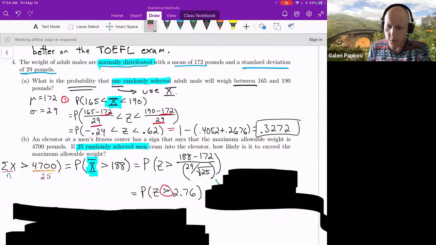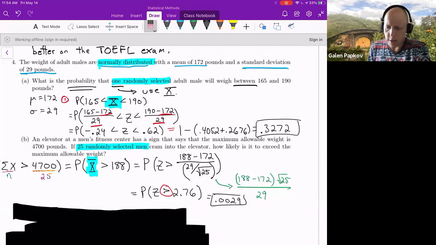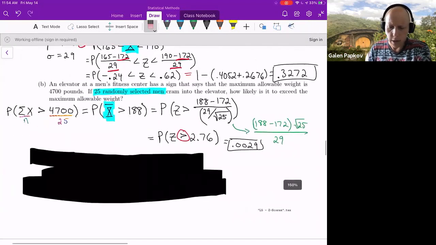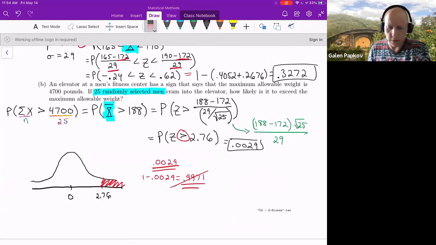If you find the area or the probability in part A, you should get 0.3272. And you can pause the video to check before I show you in just a moment, but you could do the same idea for part B, and you should find that that probability is very small, and that's 0.0029. So it is good to have gone through both of those routes. And here's just a nice picture to show that it'll be pretty small.